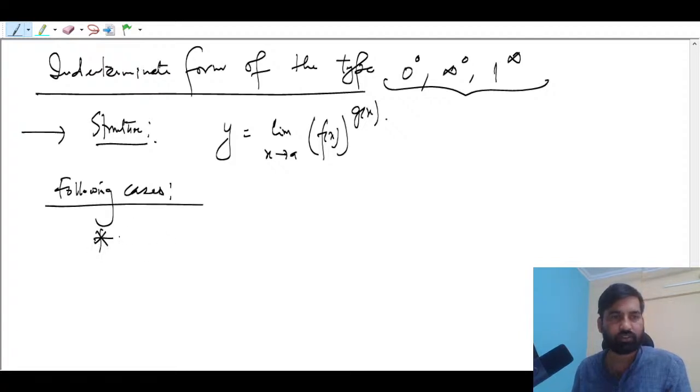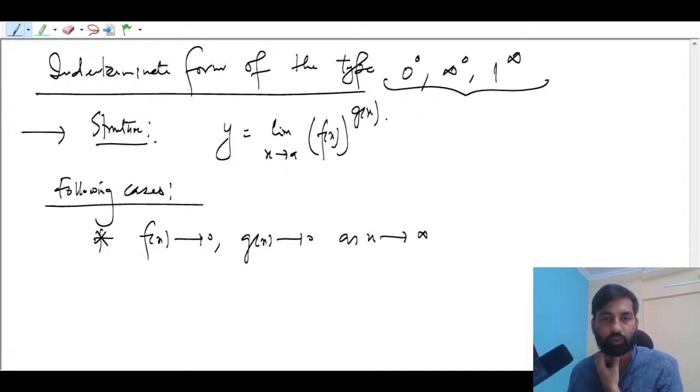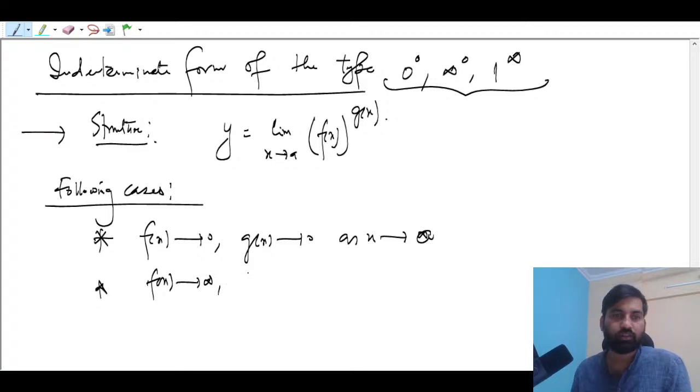The first is f(x) tending to 0 and g(x) also tending to 0 as x tending to a. Next one is f(x) tending to infinity and g(x) tending to 0 as x tending to a.